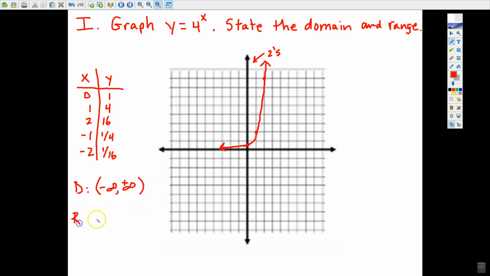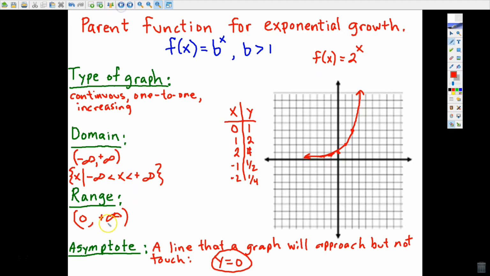Okay, so the range, once again, it's going to be all of the y's that are above 0, not including 0. So we will say from 0 on the bottom and then going up to positive infinity heading upward. Or once again, you could use inequalities.